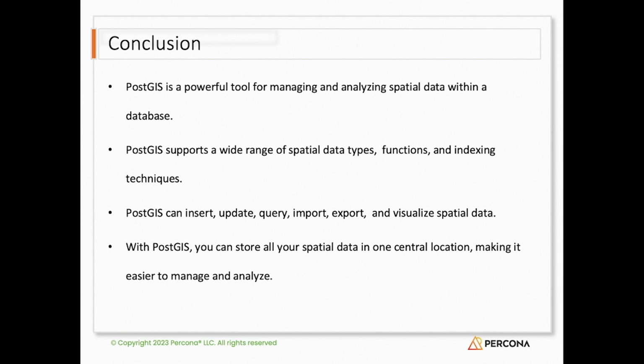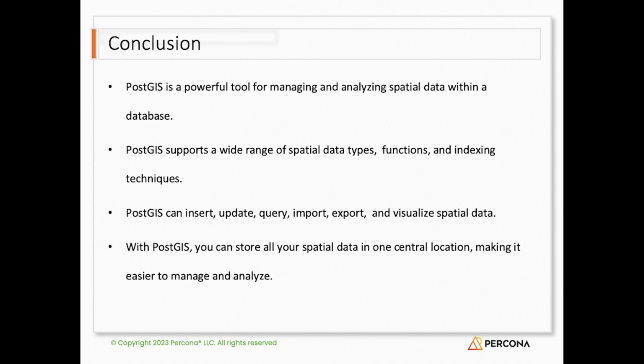So PostGIS is a powerful tool for managing and analyzing spatial data within a database. I already told you that you can do that in a relational database, but if you want to manipulate the data, it's really difficult without PostGIS. So PostGIS provides you functions, indexes, and data types to ease your job.